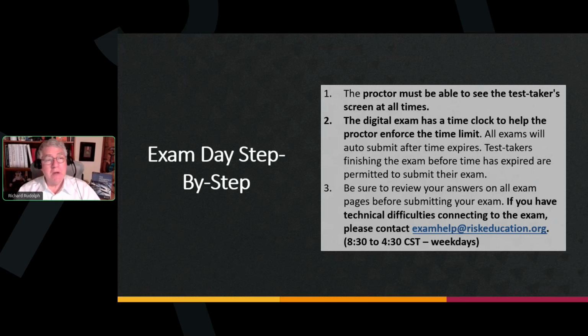If you finish before 2.5 hours, and most people do, you can submit your exam if you're comfortable. But I would encourage you to make sure you look for all questions, make sure you didn't leave any blanks, but don't second and third guess yourself. Generally, your first impression is probably the right one.